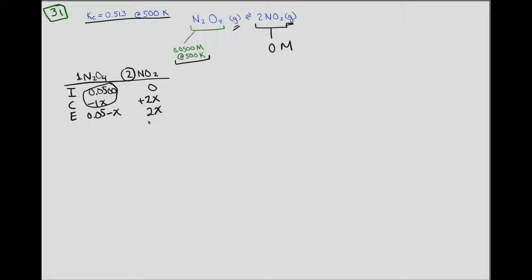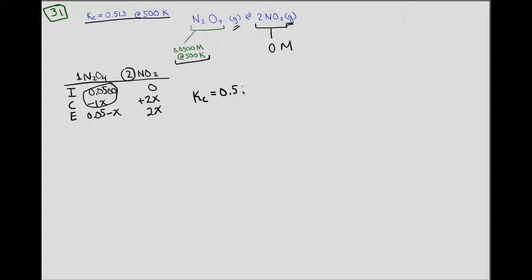Now, what we need to do is write the equilibrium constant equation and put these in there. So the equilibrium constant equation, Kc is equal to, in this case the number is given, so I'm just going to go ahead and write that down.